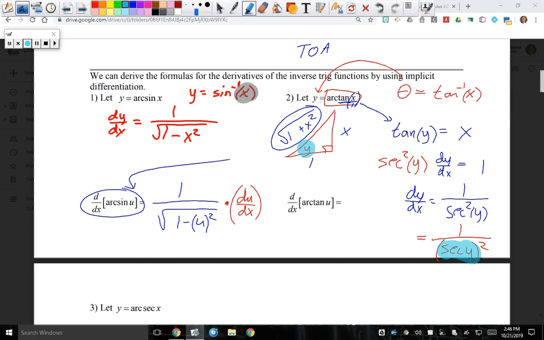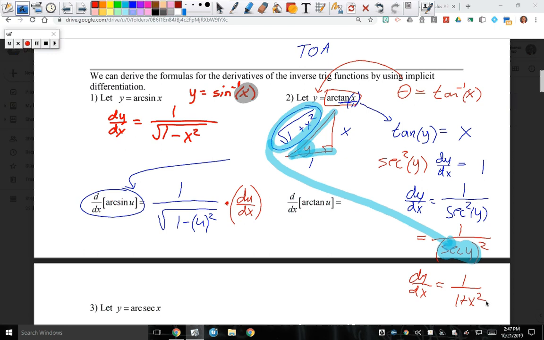What's cosine? Adjacent over hypotenuse, right? So secant is the flip of cosine, so it's not going to be adjacent over hypotenuse, it's going to be hypotenuse over the adjacent, which is just this over 1. Okay? And since we're putting all of this here where secant of y is, and then we're squaring it, my answer for this particular one is dy dx is equal to 1 over 1 plus x squared.